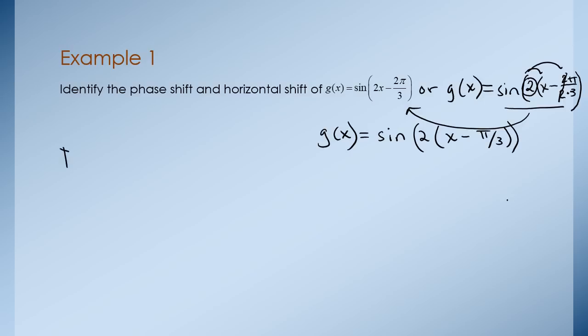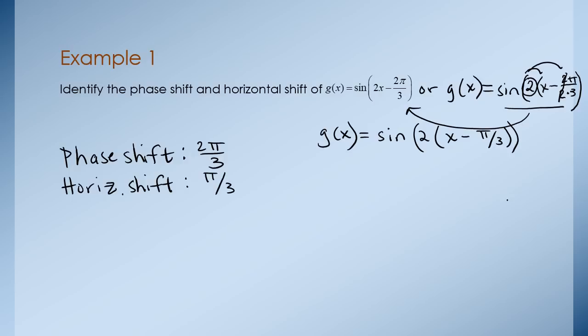So the phase shift comes from the value on the inside of the parentheses before I factored, 2 pi over 3, and the horizontal shift comes from the value on the inside after I have factored, which becomes pi over 3.